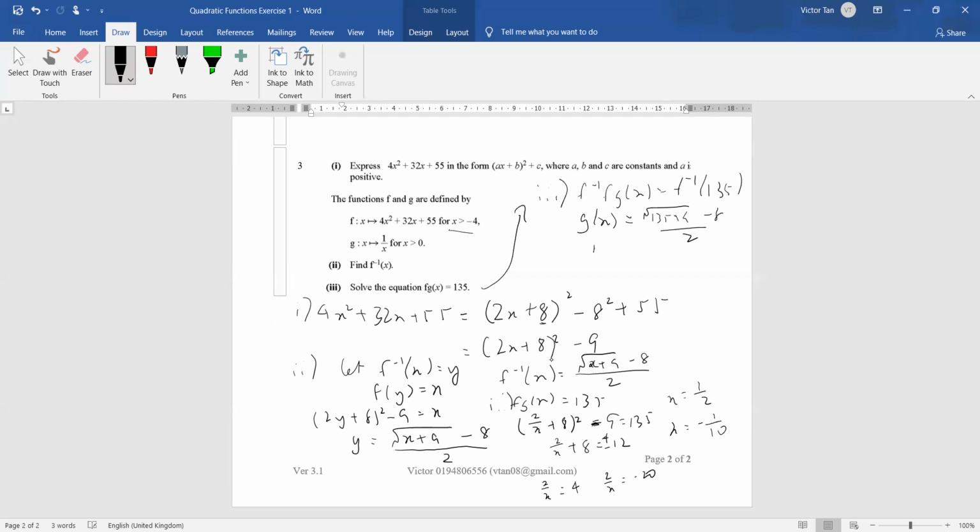So g(x) is 1 over x equals 12 minus 8 over 2. So x is half. So this is the solution. This other one is not the solution, this is the solution.